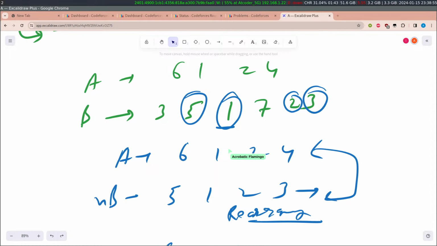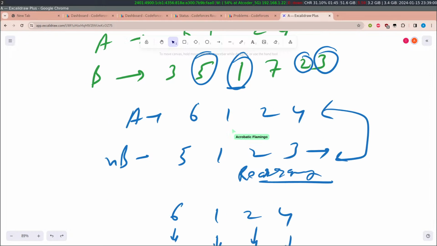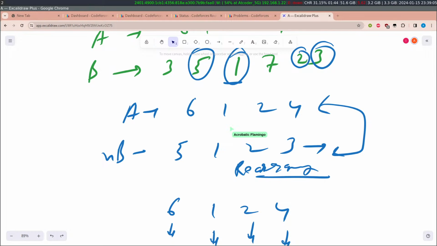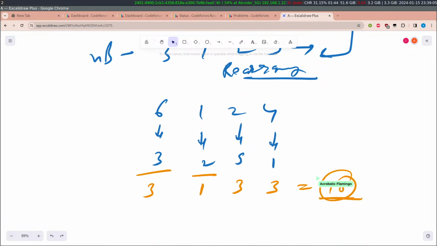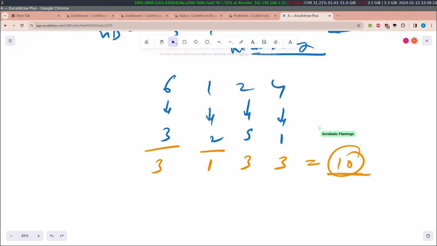Initially we are given 6 1 2 4, then we have an array 3 5 1 7 2 3. We have to choose any 4 numbers over here. Let's say we have chosen 5 1 2 3. Now we can arrange them in any order we want. Let's say our order is 3 2 5 1. Now we have to take the difference of all the corresponding numbers, their absolute value. If it's negative, make it positive and take the sum of those values.